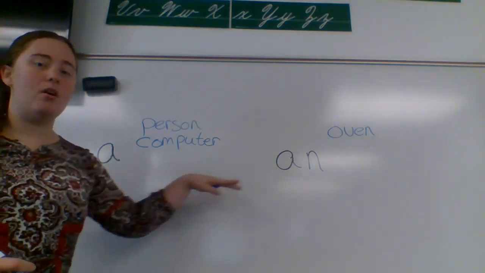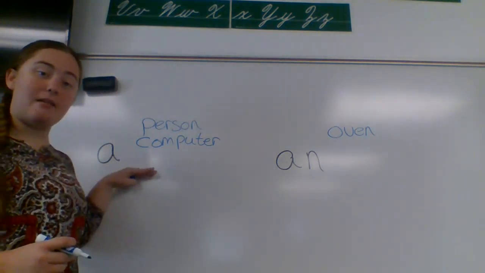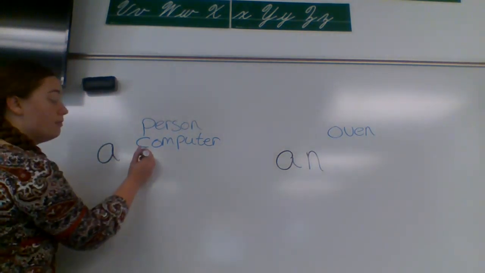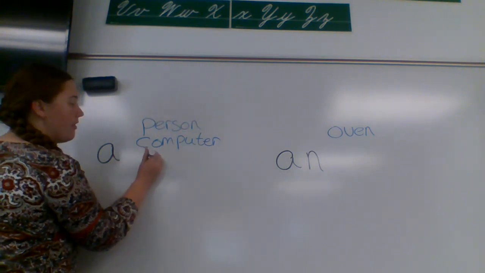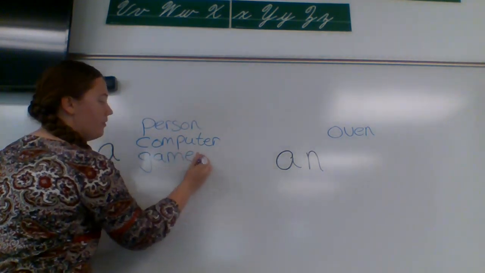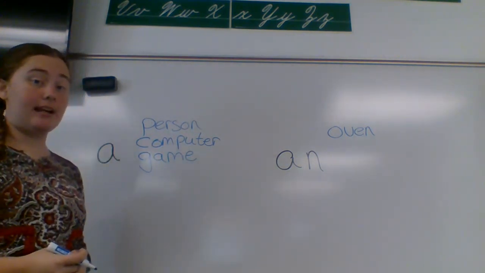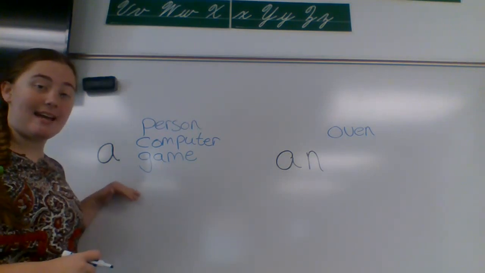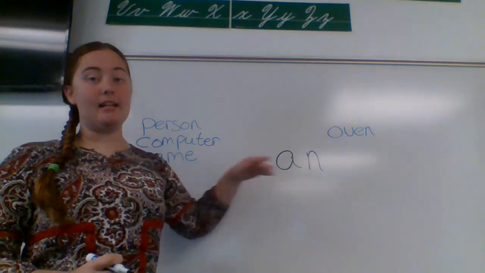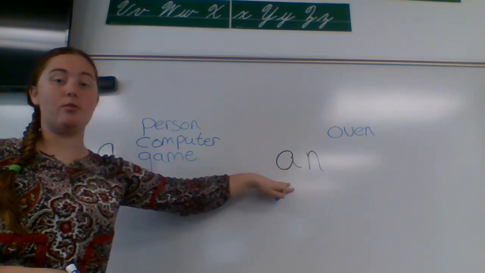A game or an game? Right, a game, because it starts with a G, and that is a consonant. What about the word idea? Am I going to say a idea or an idea? Right, an idea, because it starts with an I.